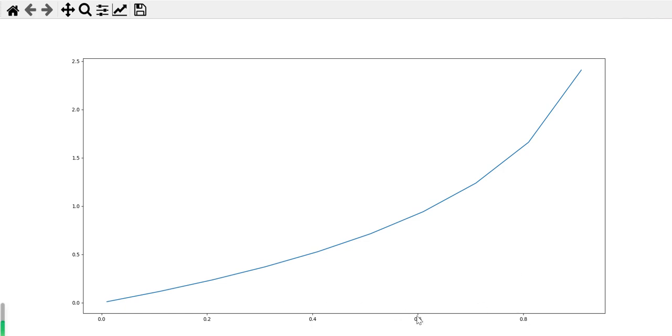So for example, for the 0.6 probability, the random value almost equals 1, which means for this gamma distribution, almost 60% of values are less than 1, right? Because here is the probability. And about 80% of values are less than 1.6.